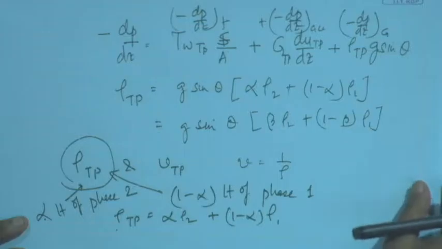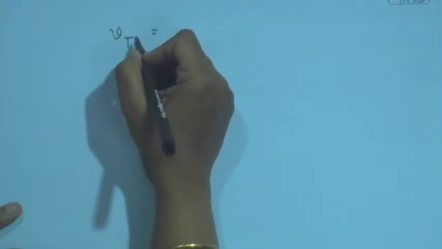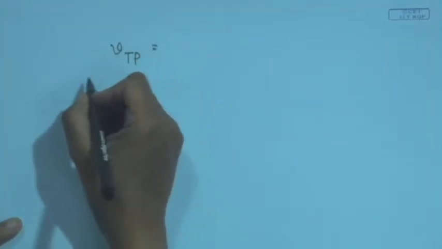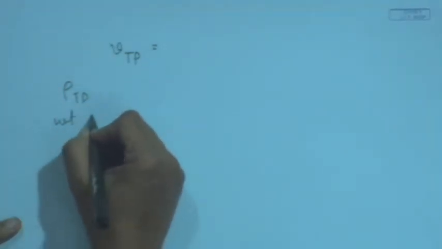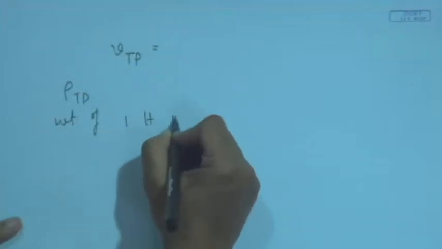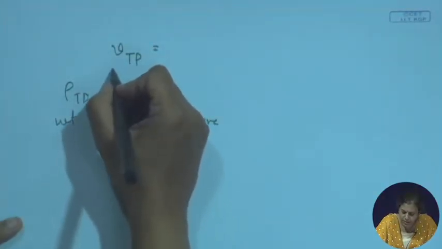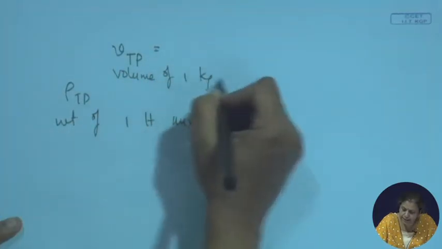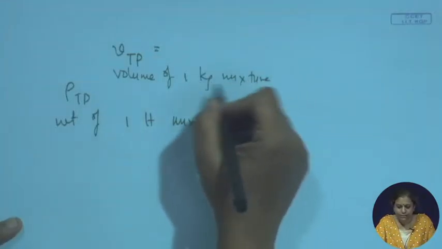On the other hand, if we consider V_TP, what do we get? V_TP is the volume of 1 kg of the mixture. So, while rho_TP was the weight of 1 liter or 1 meter cube of mixture, this is the volume of 1 kg mixture. What does this imply?